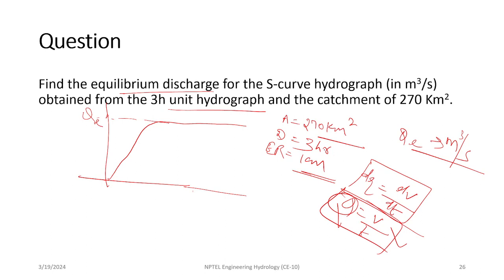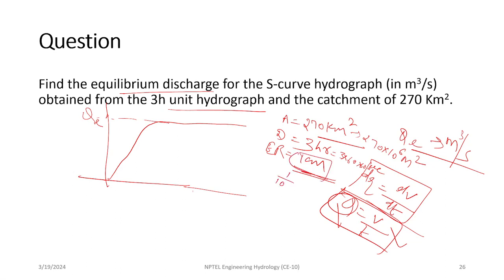Okay, so here A should be converted, it will be 270 into 10 to the power 6, am I right, meter square. And then it is mentioned here 3 hours, so it will be converted into seconds, so 60 into 60 seconds. And what about 1 centimeter?